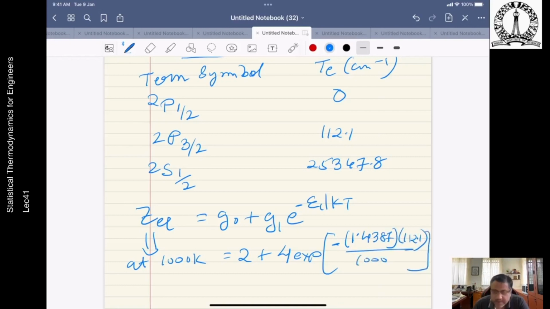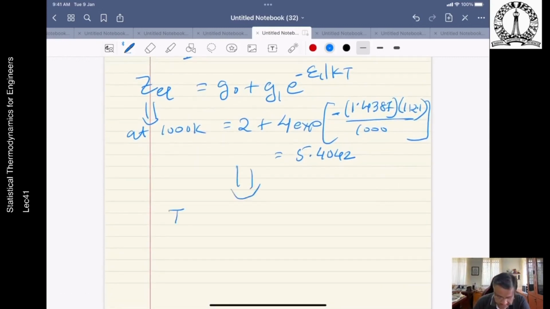So this gives you a number which is 5.4042.